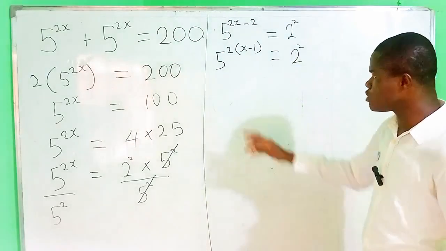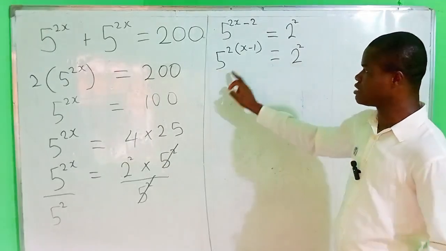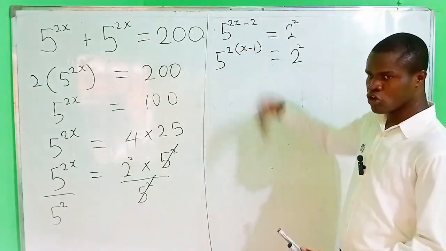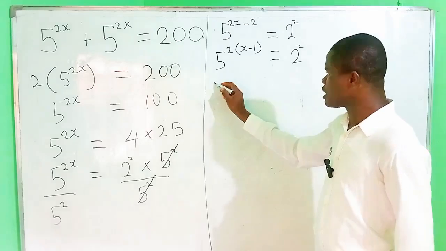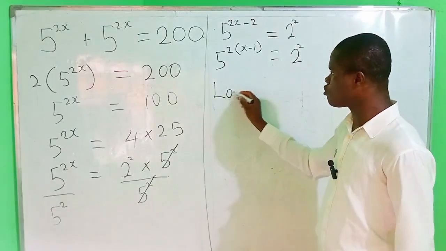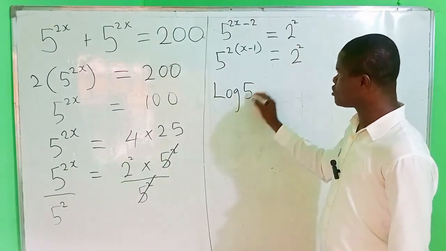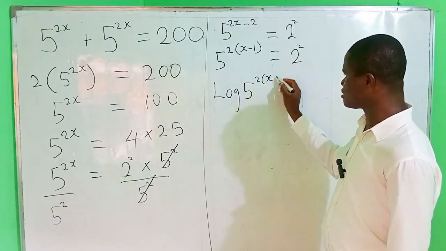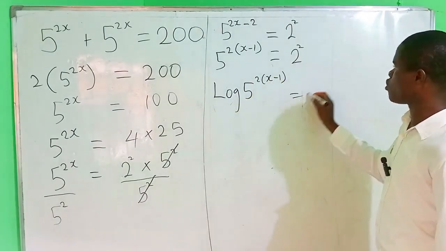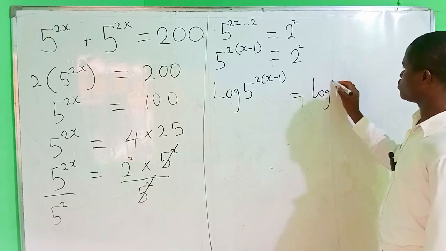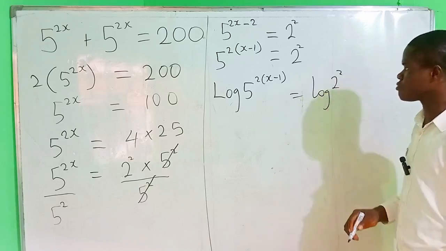The next thing I'm supposed to do is to take the logarithm of both sides so that this power can come down. Taking logarithm of both sides, we have log 5 raised to the power 2 bracket x minus 1 equal to logarithm of 2 raised to the power 2.